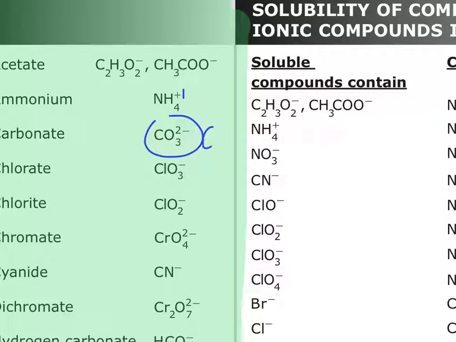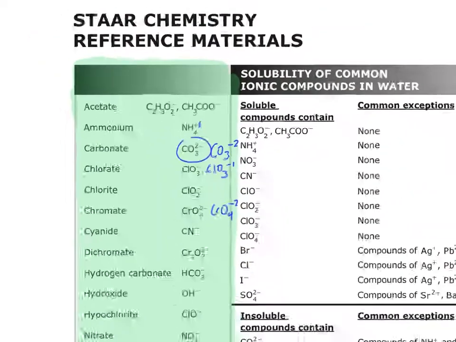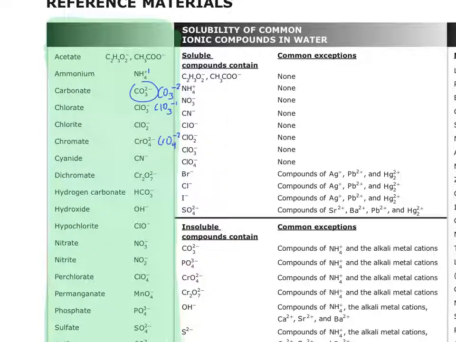The same thing can be written as CO3 minus 2. Okay, for ClO3 with a minus symbol, it's implied that it's a 1. Okay, so just keep in mind that it could be written multiple ways. CrO4 2 minus can be written as -2. Okay, so some things to keep in mind. Okay, that's our list of polyatomic ions.